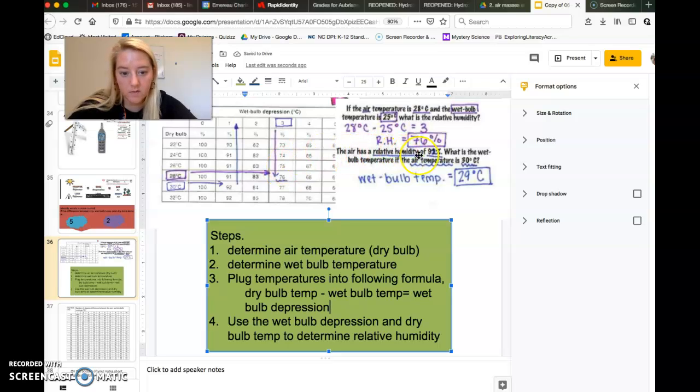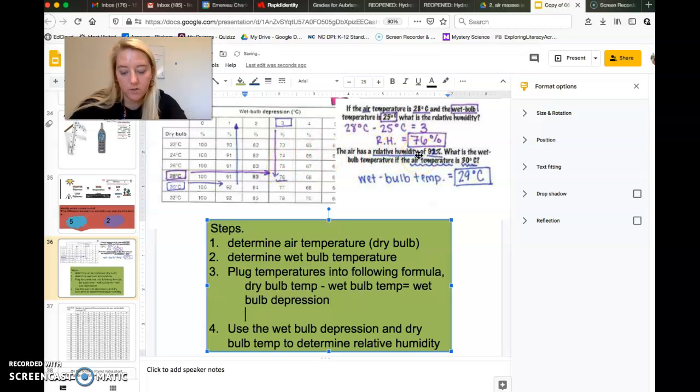The air has a relative humidity of 92%. So we know that our relative humidity is 92%, and we want to find the wet bulb temperature if the air is 30 degrees Celsius.